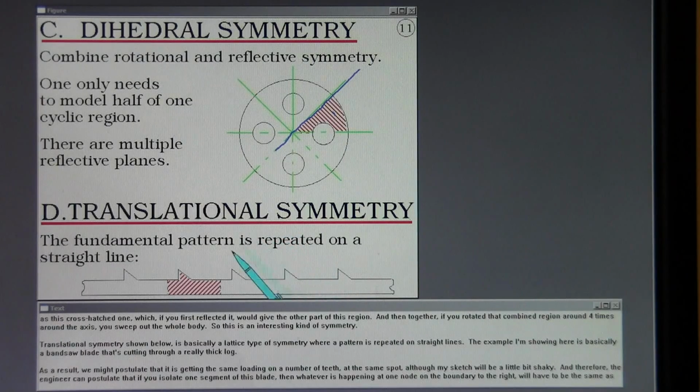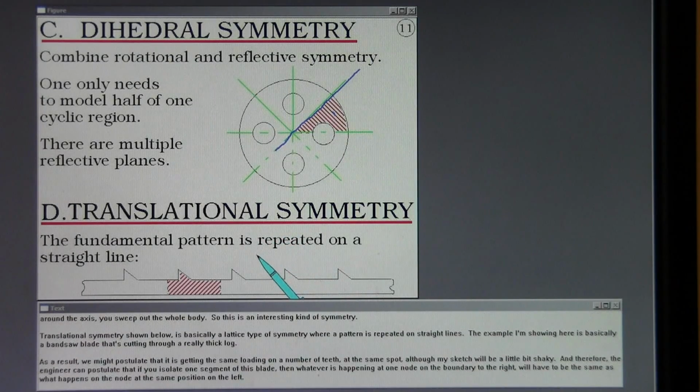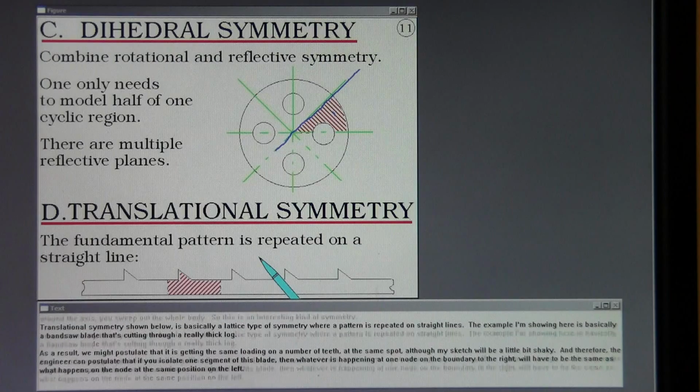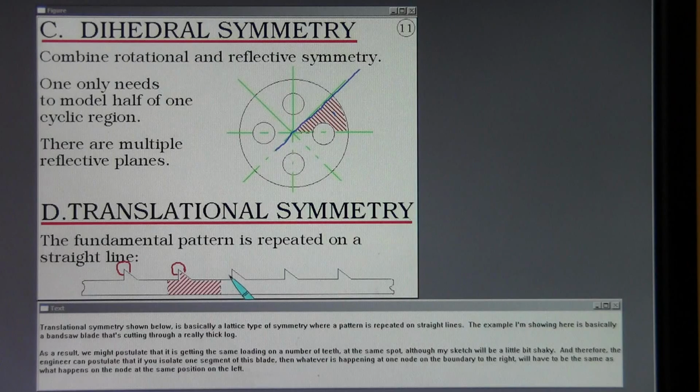Translational symmetry, shown below, is basically a lattice type of symmetry where a pattern is repeated on straight lines. The example I'm showing here is a bandsaw blade that's cutting through a really thick log. As a result, we might postulate that it is getting the same loading on a number of teeth at the same spot, although my sketch will be a little bit shaky.